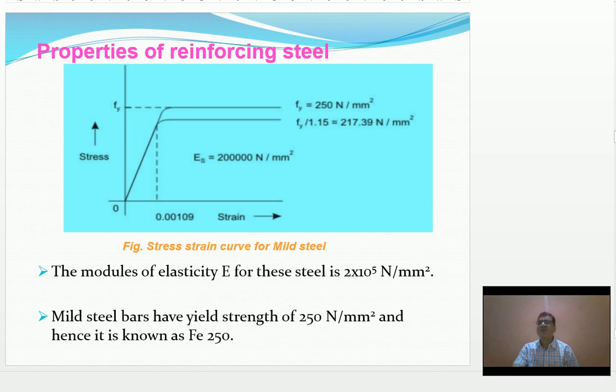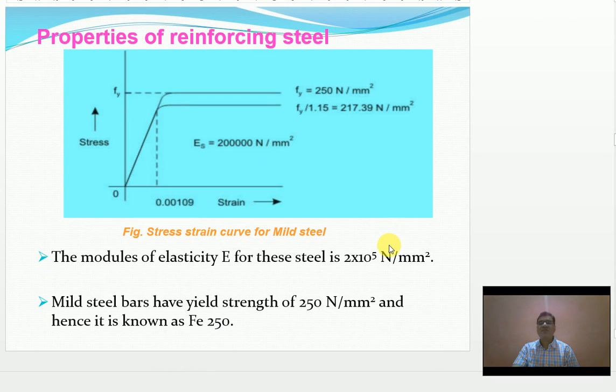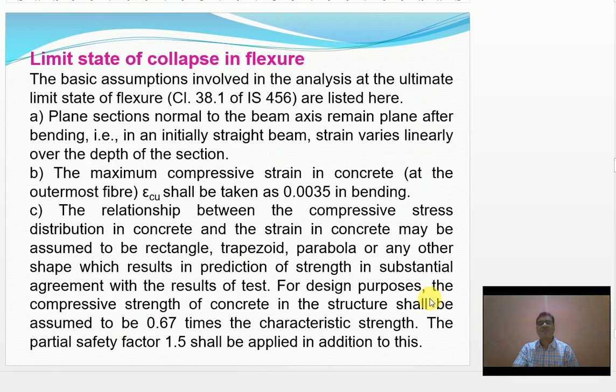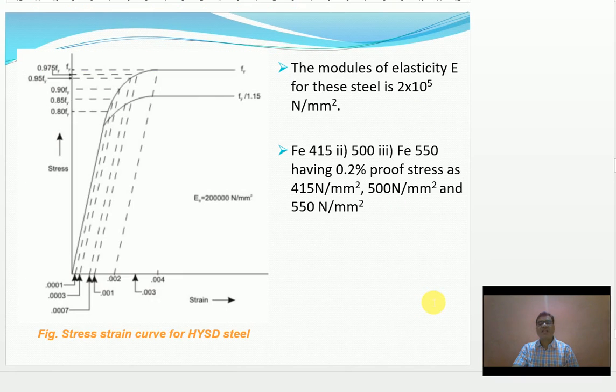Now we'll see another type of steel, called HYSD steel. In case of HYSD steel, the problem is there is no fixed yield point. This is a continuous curvature. The actual curve is a little bit different; you will find something like this, and then you have the breaking point, so we are just considering part of that.